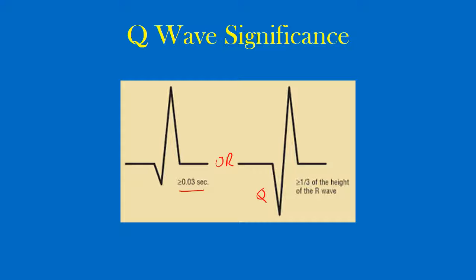So here's our Q, and if this is greater than 1/3 of our R wave, the positive deflection, as you can see here, this probably comes to about right here, so it is greater than 1/3 in this case. And again, it only needs one of these criteria to be a sign of myocardial infarction to that region, to have significant Q waves.